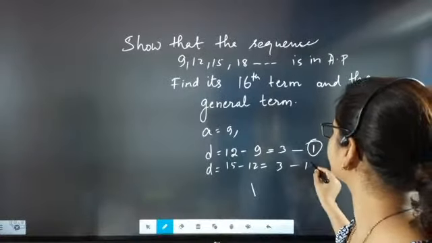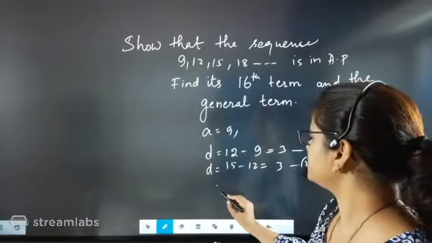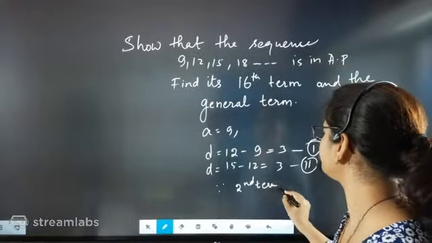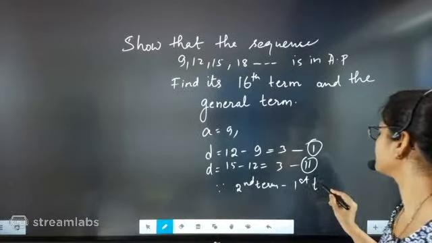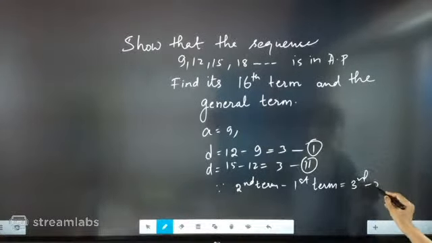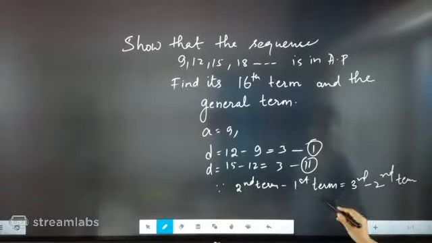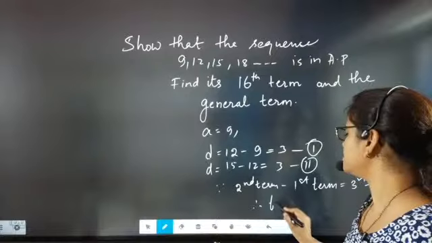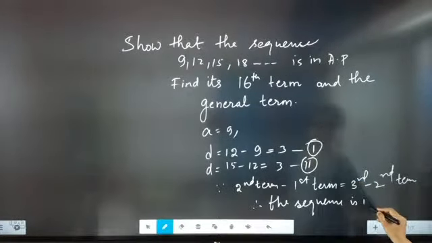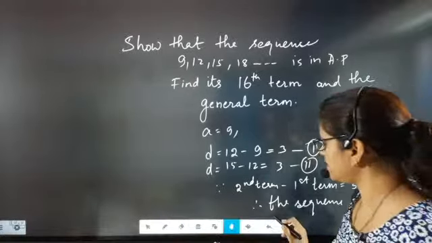So since second term minus first term equals third term minus second term, therefore the sequence is in AP.